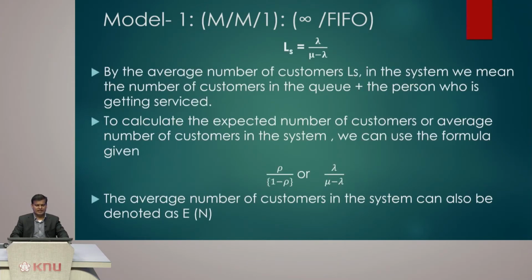L sub s, which is the average number of customers in the system, equals lambda by mu minus lambda. So this is the general formula. In today's lecture I am not going to derive these formulas. In fact, probabilistically you can derive each and every formula.